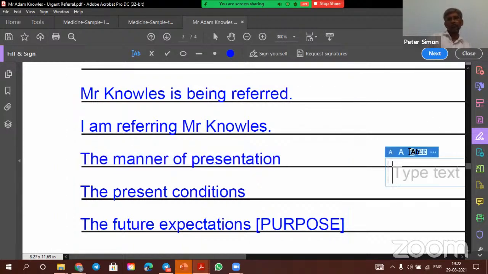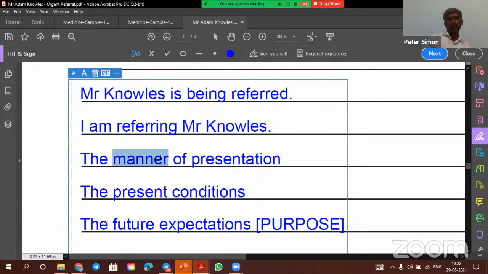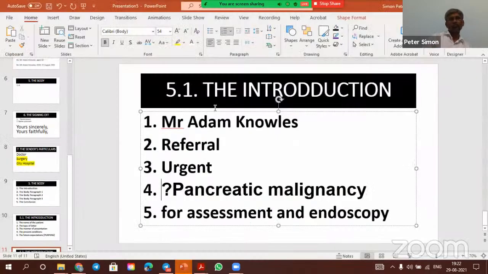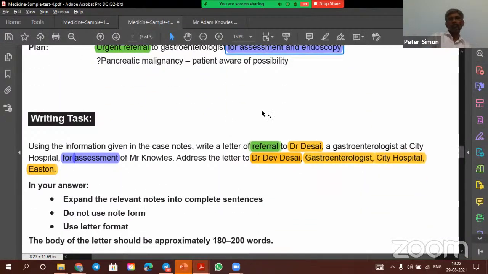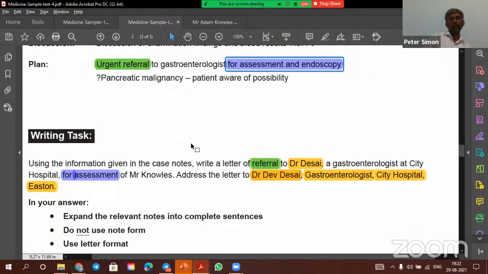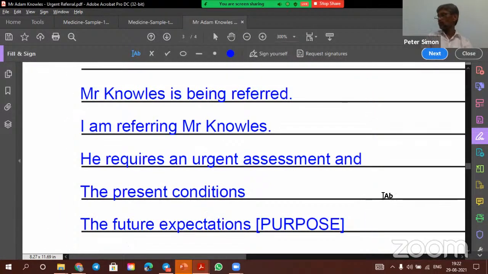He requires an urgent assessment and endoscopy.